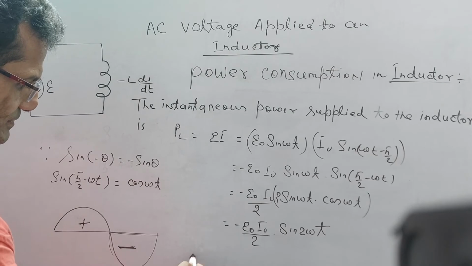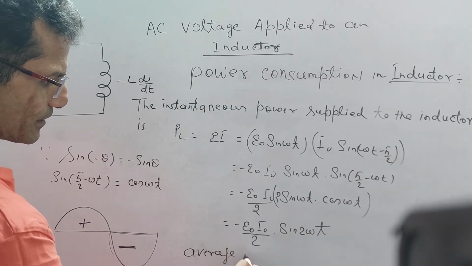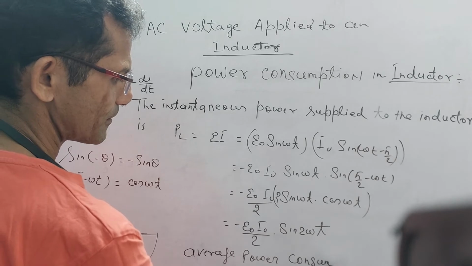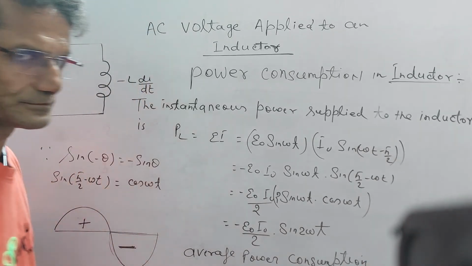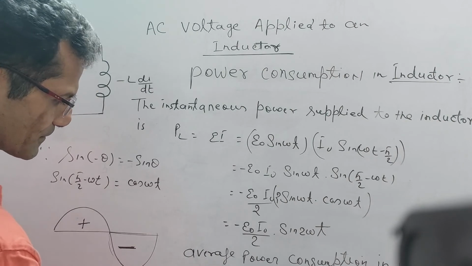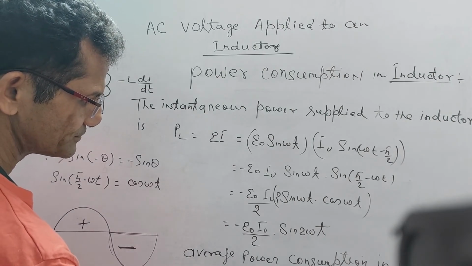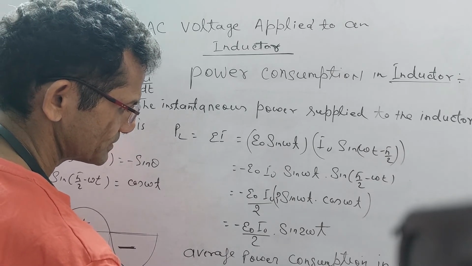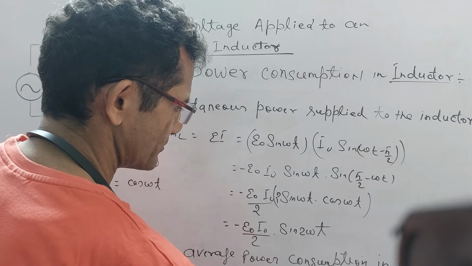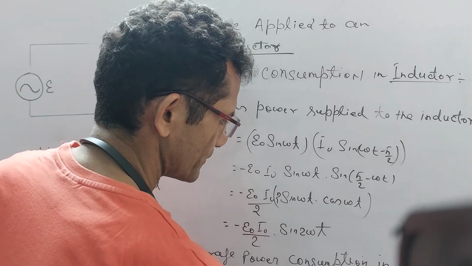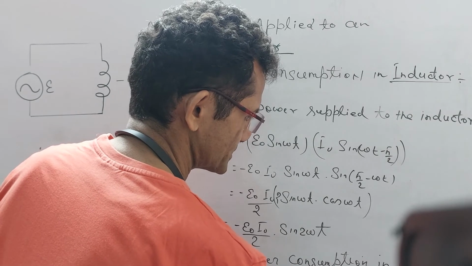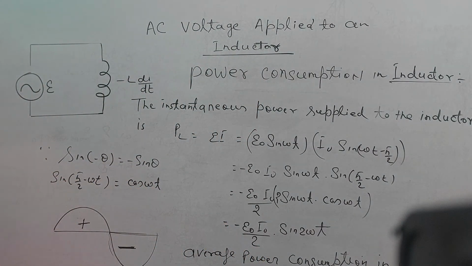So now the average power consumption in one complete cycle is equal to, with the average denoted by a bar over PL, minus E naught I naught by 2 times the average of the value of sine 2 omega t, as I have already discussed, how sine 2 omega t becomes 0 mathematically.